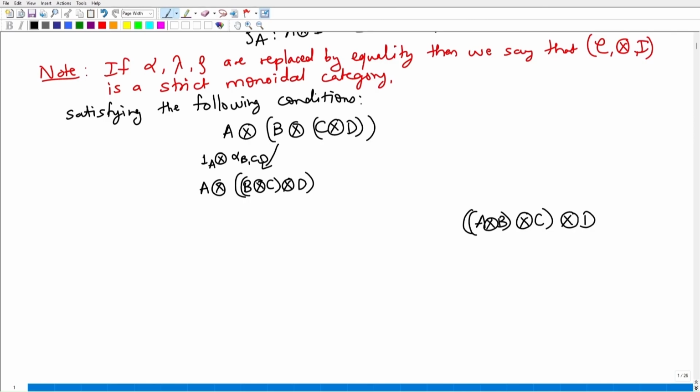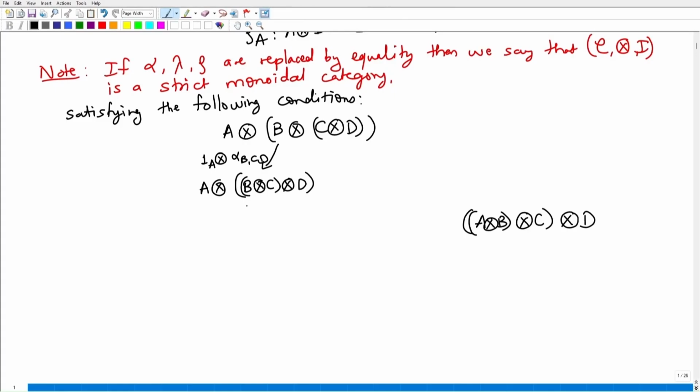No, in each of the individual components, it's a bifunctor, right? So it's a bifunctor, so we are doing it component wise. Then A tensor, yeah. Very good. So alpha A comma B tensor C, comma D. Right. So that will land me inside A tensor, B tensor C, okay, and tensor D.